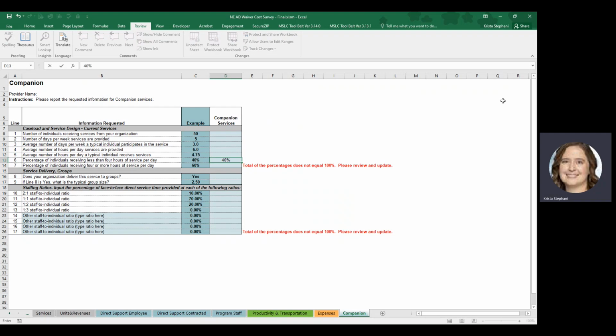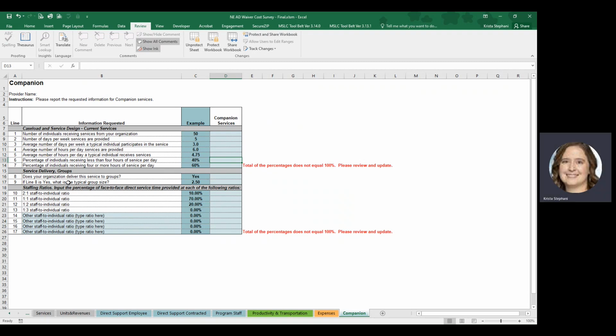As you can see, if you were to populate this information based on the example provided, that message that was stated here will disappear. That's because you have indicated and accounted for 100% of your services. Please ensure that this message is gone before submitting your survey.